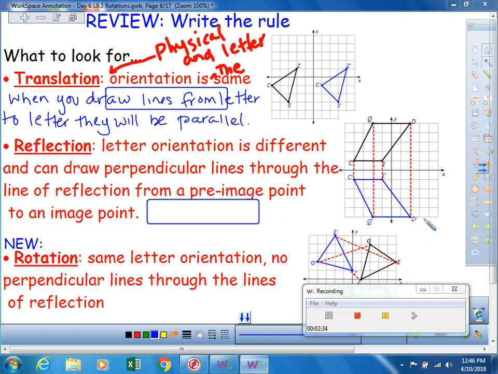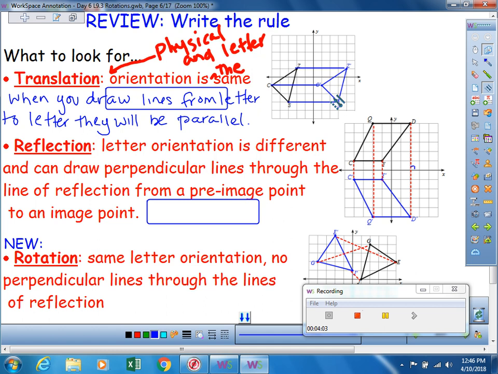Also, you can still draw the lines from letter to letter, but they will always be perpendicular to the line of reflection. So see how this line is perpendicular, means it makes a right angle? Then it's a reflection. Now when I did this one, because it was just translated straight across, when I drew the lines, they were also perpendicular to an axis line, right?